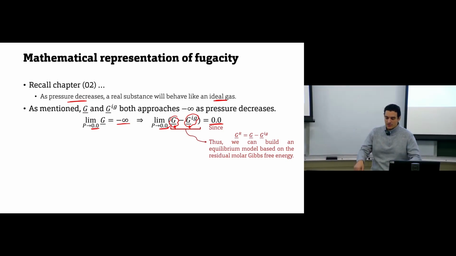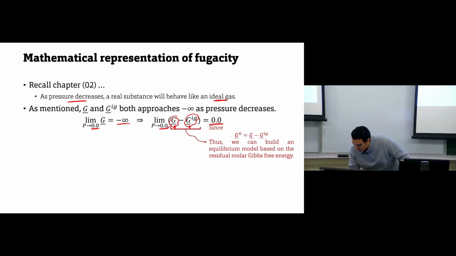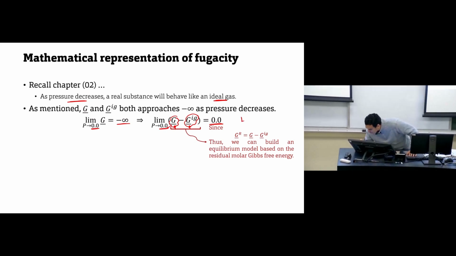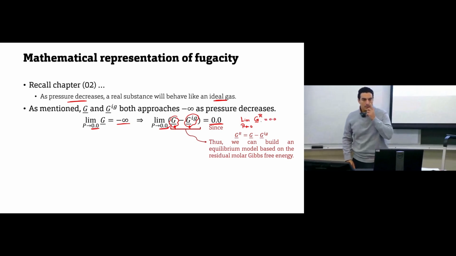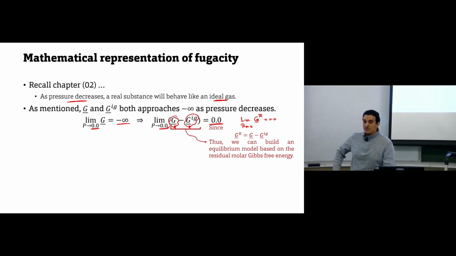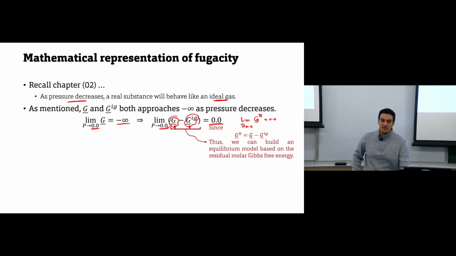This is the fundamental rule we have: the limit of the residual molar Gibbs free energy when pressure is low is almost zero. This is the rule that we will use in order to build the mathematical representation, or find the mathematical equation, of fugacity.